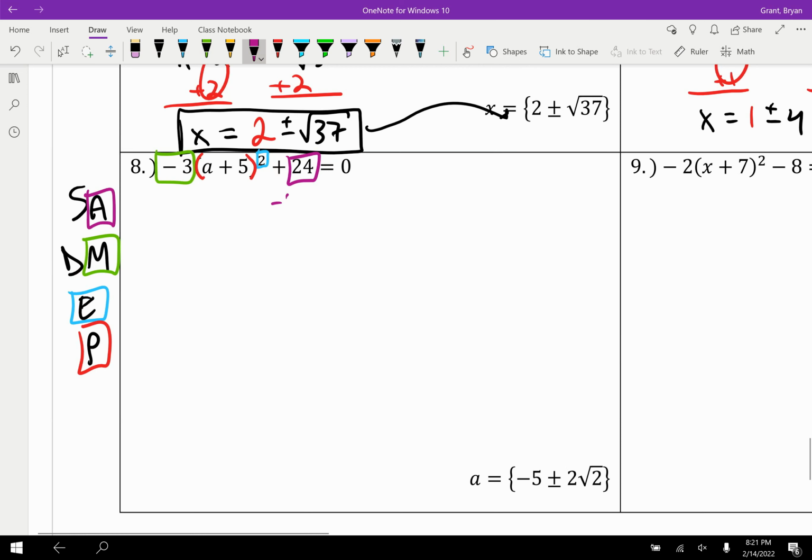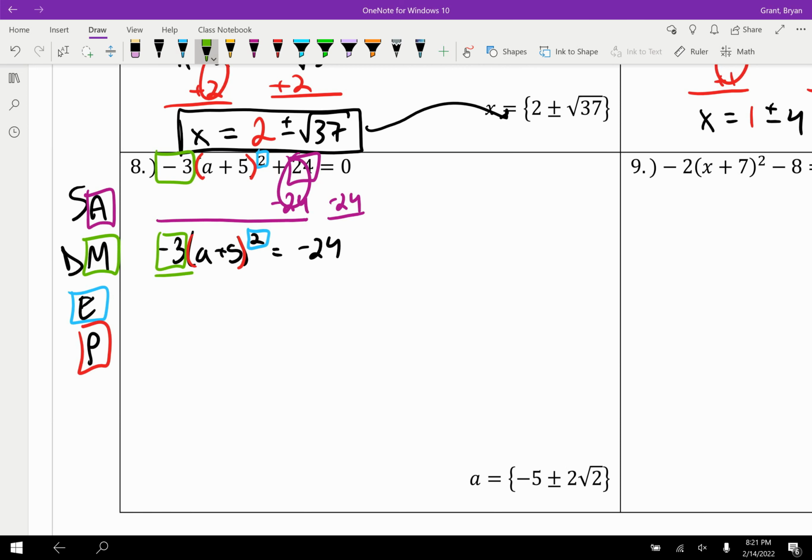So let's begin. Subtracting 24 first. All right. That leaves us with −3(a + 5)² = −24. The next thing we have is that negative 3 that's multiplying by everything, which means we need to divide by negative 3 on each side.